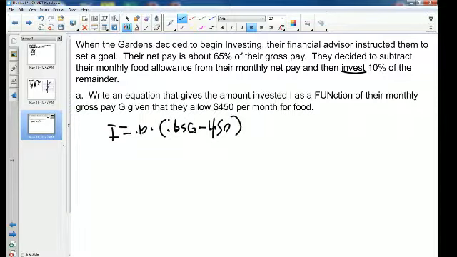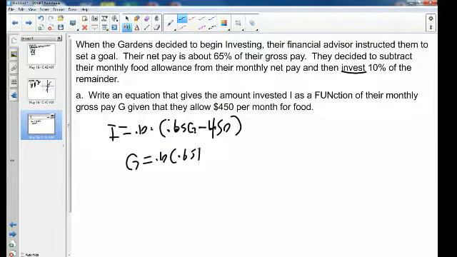So to do that, again, you'll switch the variables, which is then g is equal to 0.10 times (0.65 I minus 450). So in order to do that, you will have to distribute.